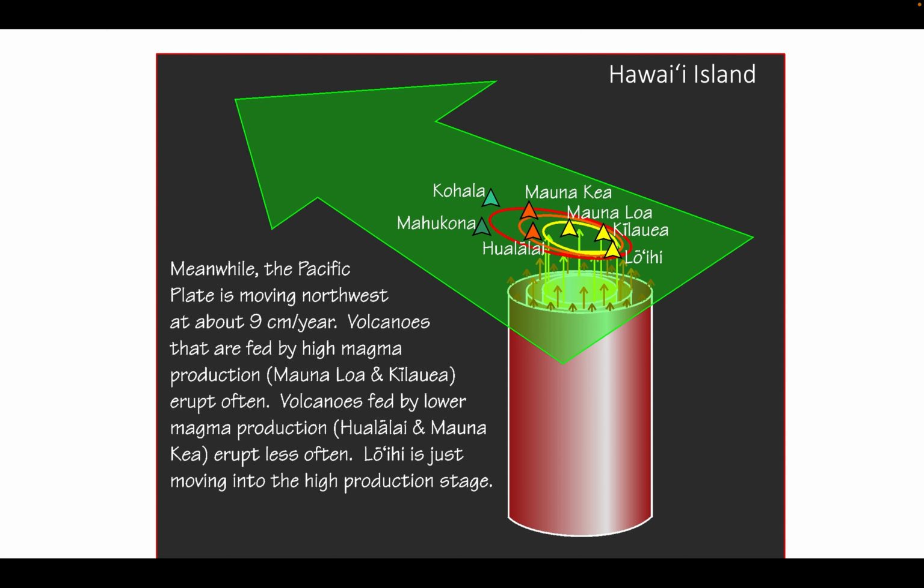They are located in the center of the cylinder, whereas volcanoes fed by lower magma production, or on the outer regions of the cylinder, such as Mauna Kea and Hualalai, erupt less often. Kamaʻehuakanaloa, formerly known as Lo'ihi, is just moving into the high production stage.